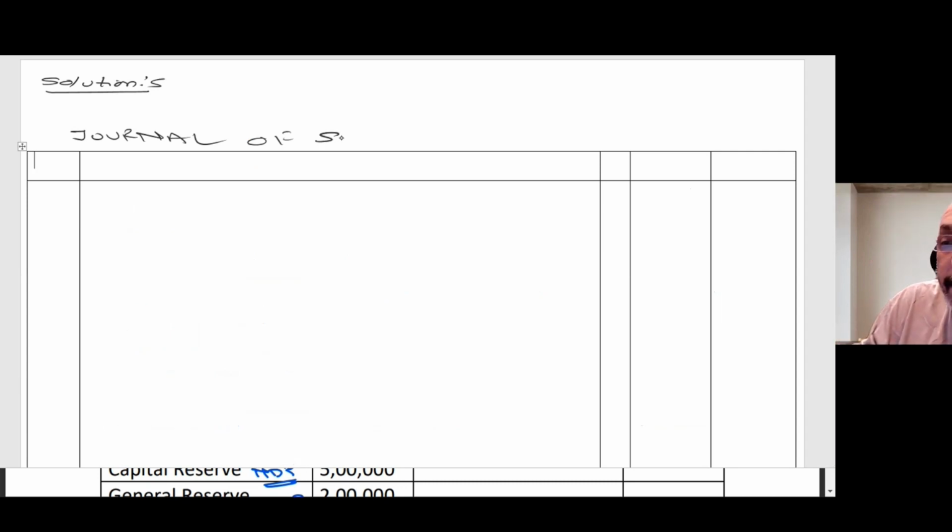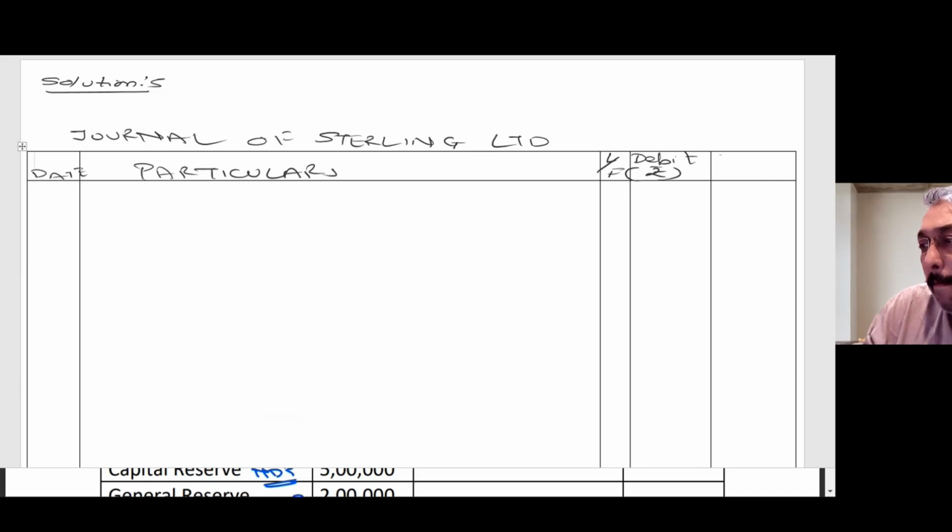Journal of Sterling Limited. Here you have your date. Here it is particulars. LF. Debit. Credit.